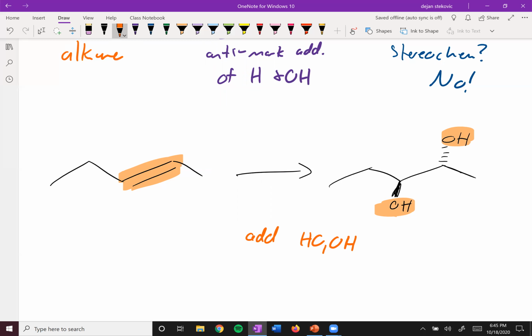And so we also see that one is a wedge, one is a dash, that they're added anti to one another, right? So we need to do some kind of anti addition of two OHs, right? We learned how to do that through the mCPBA epoxidation, followed by an acid catalyzed epoxide ring opening, right? And so there's that reagent right there. Of course, you would get the enantiomer as well.